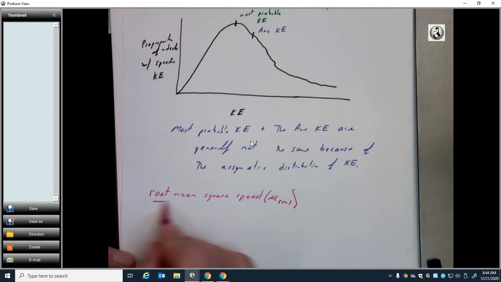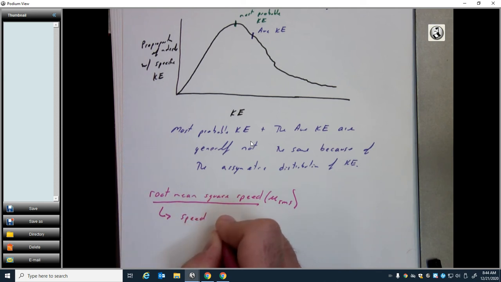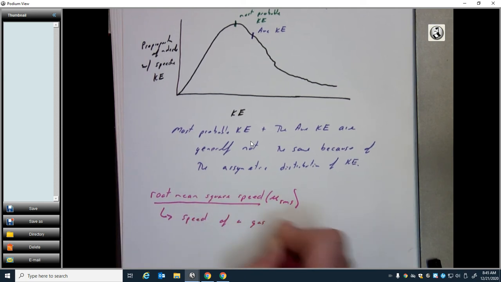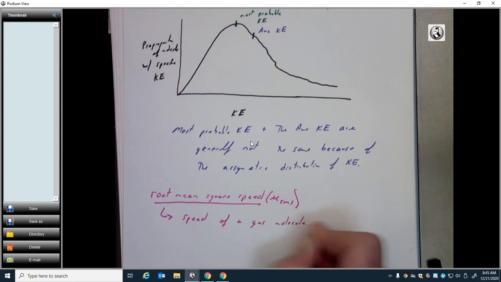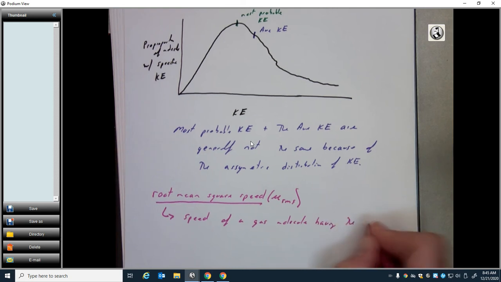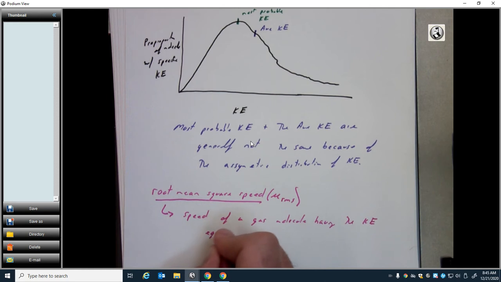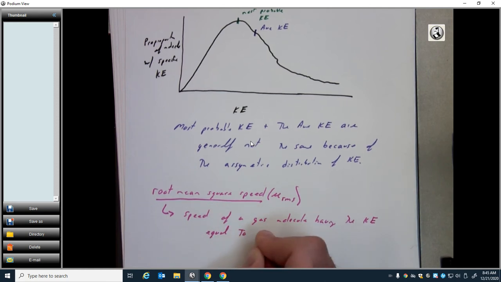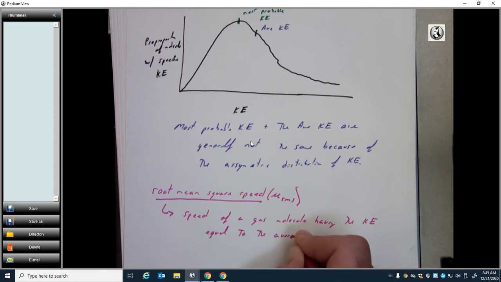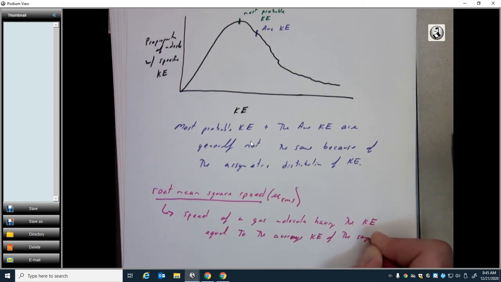So when we talk about the root mean square speed, what that means is the speed of a gas molecule having the kinetic energy equal to the average kinetic energy of the sample.